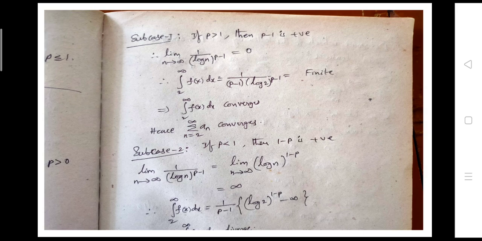Therefore the integral from 2 to infinity of f of x dx is some finite value, that is 1 by p minus 1 into 1 by log 2 whole power p minus 1. This implies the integral from 2 to infinity of f of x dx converges. Finite means it converges. Hence sigma n equals 2 to infinity a n converges.